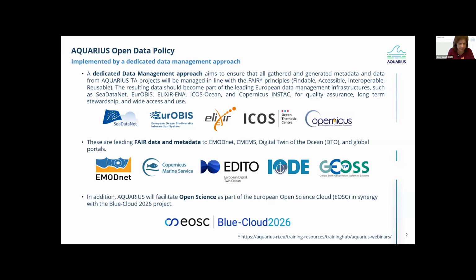All these thematic data systems are feeding European data services like EMODnet, Copernicus Marine, and also EDITO and other global systems. Also, Aquarius will facilitate open science as part of the European Open Science Cloud, and this will be done in synergy with the Blue Cloud project.